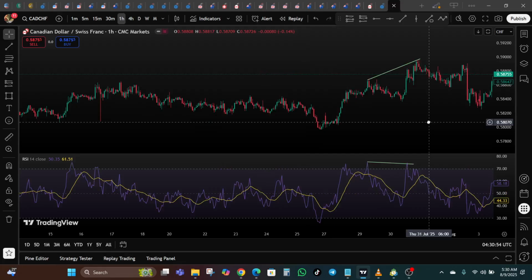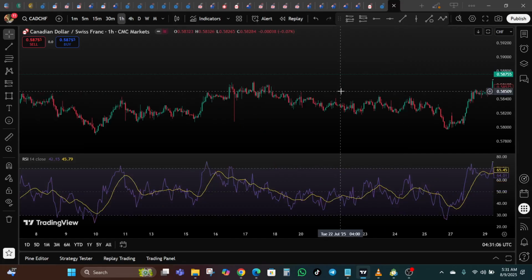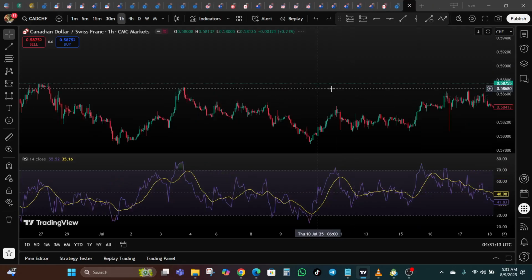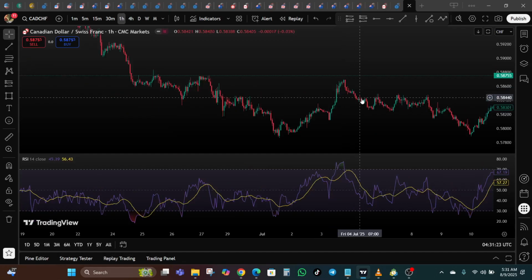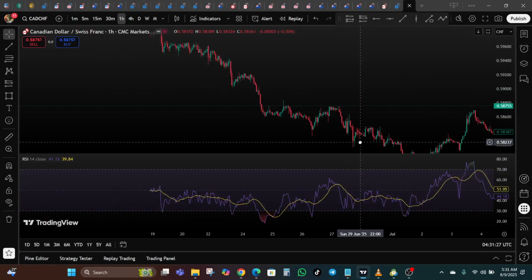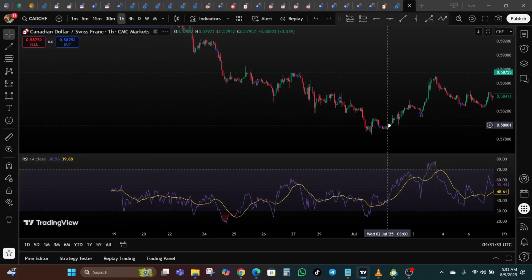Now this has to happen in an uptrend for it to be a valid reversal. Right now, in the case of a regular bullish divergence, when price makes a lower low but the RSI makes a higher low in a downtrend, it's a bullish divergence.